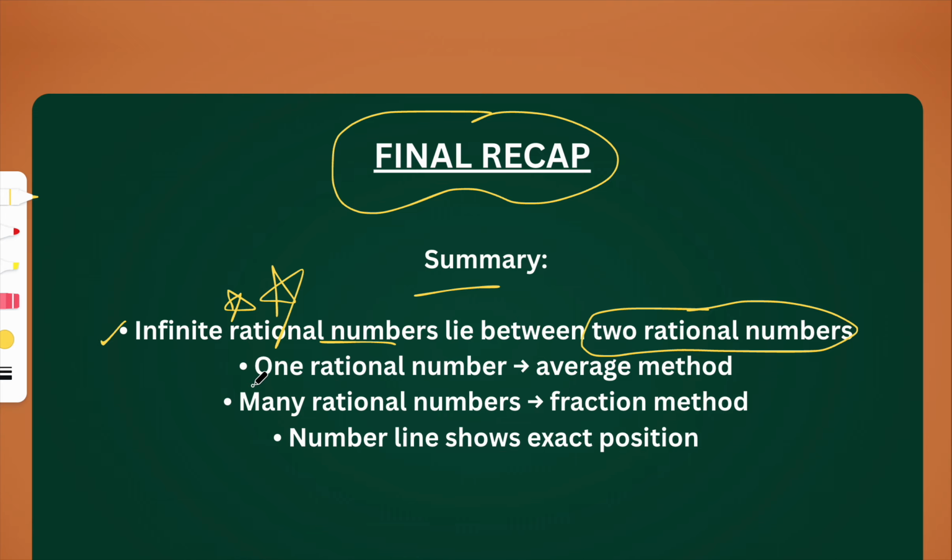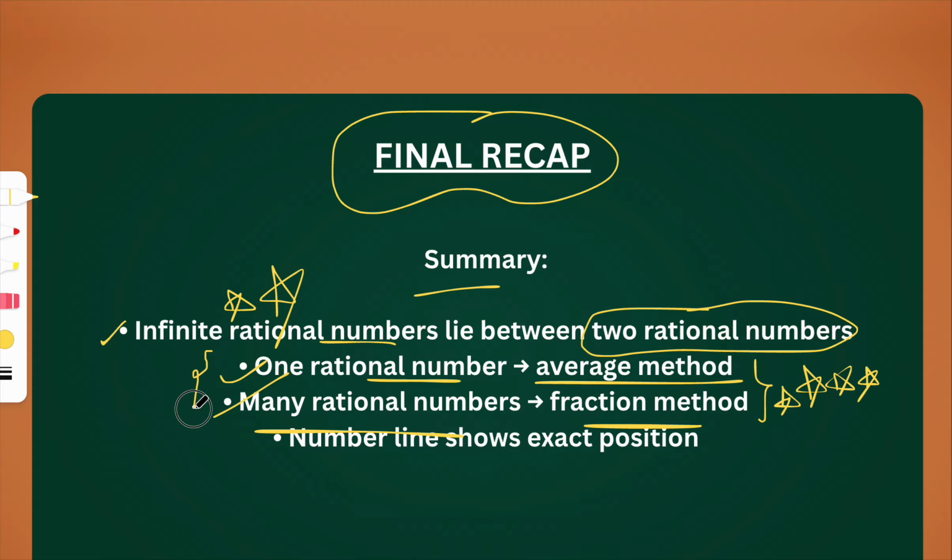Okay, so for one rational number, we should always go for the average method. For many rational numbers, we should always go for the fraction method. Rather than finding the average multiple times, we should just make the denominators the same and go for the fraction method. Please remember these two things. For one rational number, use the average method. For multiple rational numbers, use the fraction method.